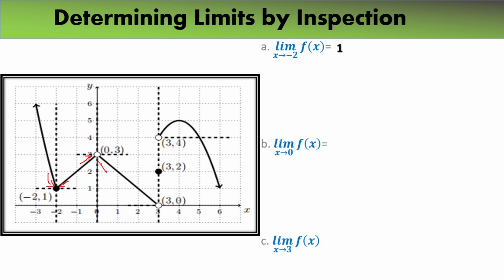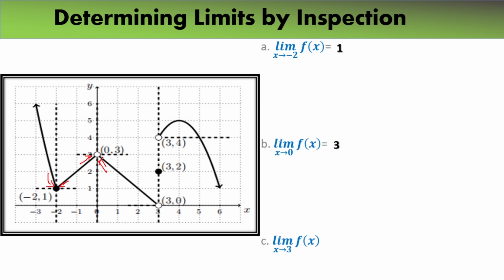So from the right, as x approaches 0 from the right, our y value or ang ating f of x value is papalapit ng 3 din. Since equal yung one-sided limits natin and papunta sila sa common point which is 3, masasabi na natin na ang limit ng f of x as x approaches 0 ay 3.